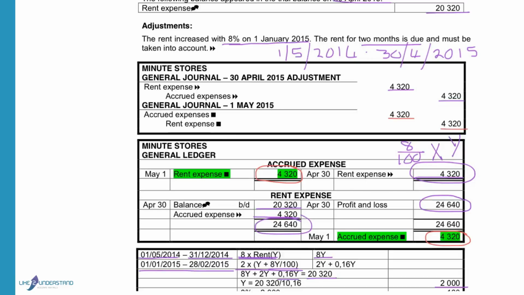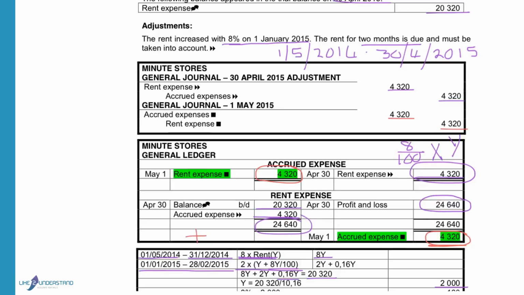If you remember that accrued expense is a liability, then you know that a liability has a credit balance. So the reverse entry for a liability will always be on the credit side of my expense account. If I look at my rent expense account now, I can see that we owe 4,320 because expenses will always increase on the debit side.